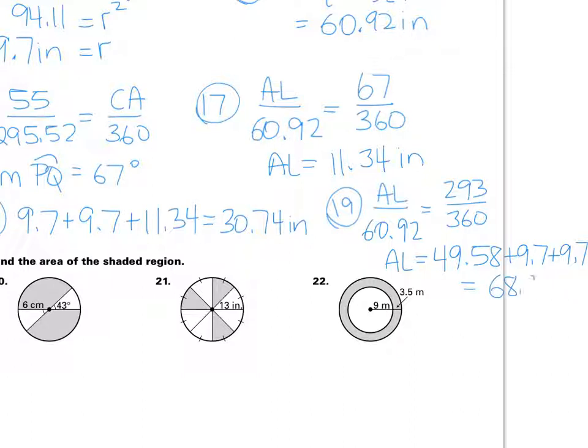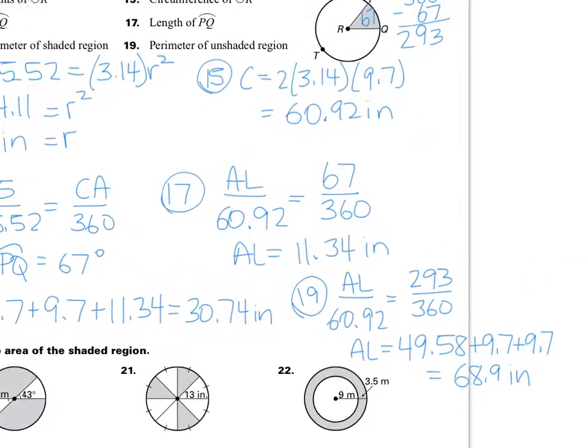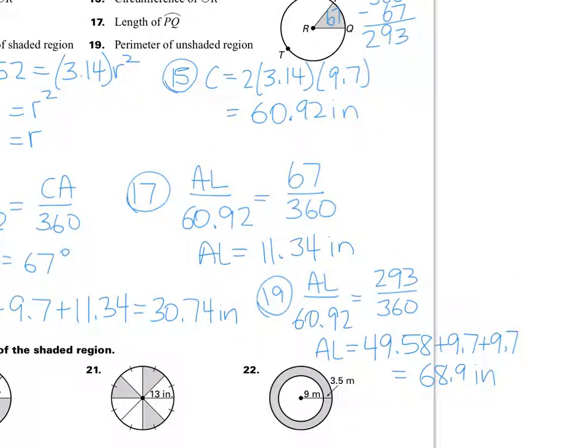The easier way to do that would take the circumference, which we know is 60.92, and let's put this in a different color. Or you take 60.92, which is the circumference, and subtract that arc length that we found, which was 11.34.